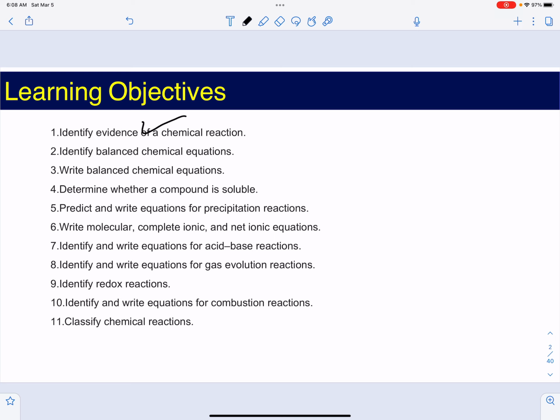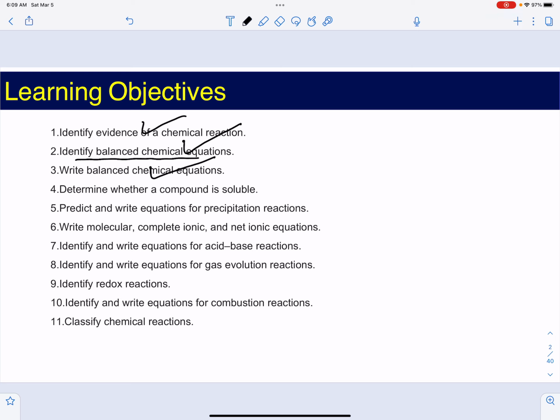We learned earlier in the course that matter cannot be created, matter cannot be destroyed, matter can only be transformed. So we call that the law of conservation of matter, which is what balancing a chemical equation means. We don't leave any element behind. Then we're gonna balance those equations.